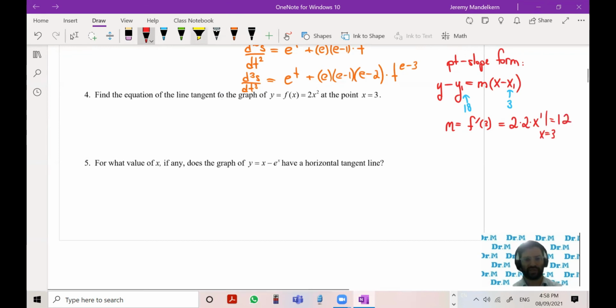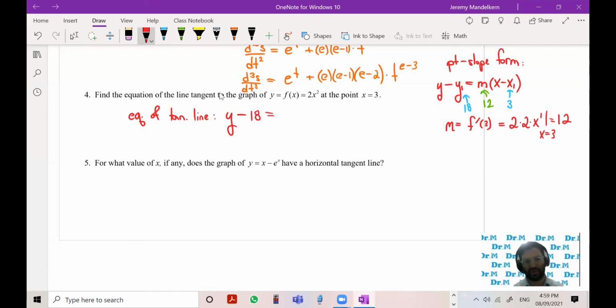So we can go ahead and insert 12 in and perhaps rewrite the equation of the tangent line as follows. So our equation of the tangent line is simply going to be y minus 18, and that's equal to our slope of 12 times x minus 3.